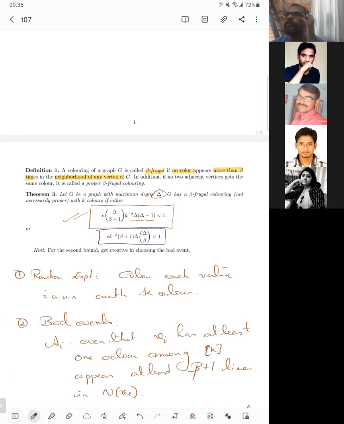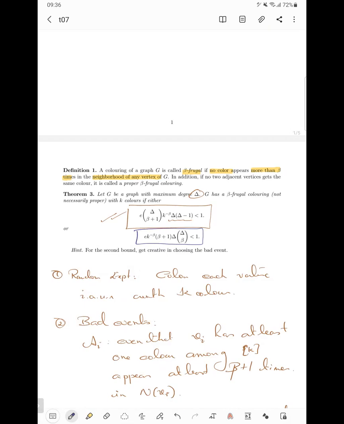Priyanka, do you want to give this a try? Did you get time to look into this? No, sir. That's okay. Suman, what about you? No, sir. I did the first one, but the first one is also incorrect. Okay.